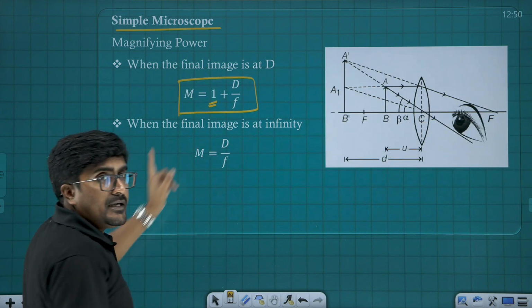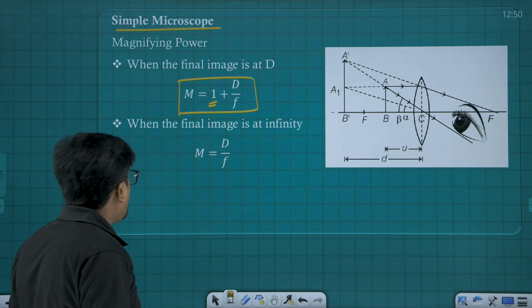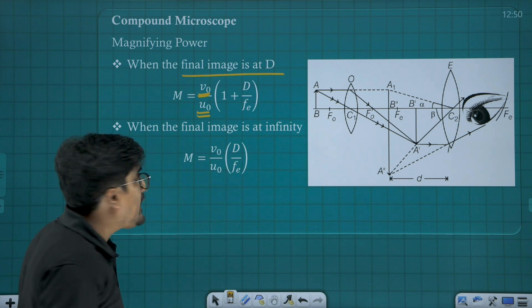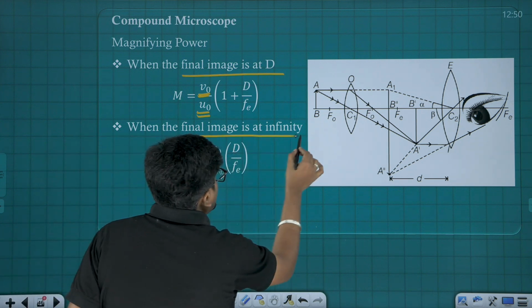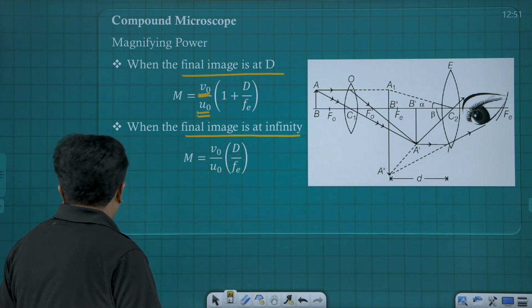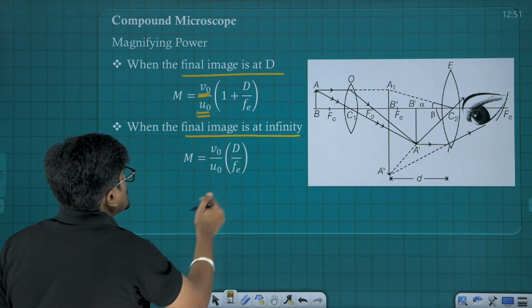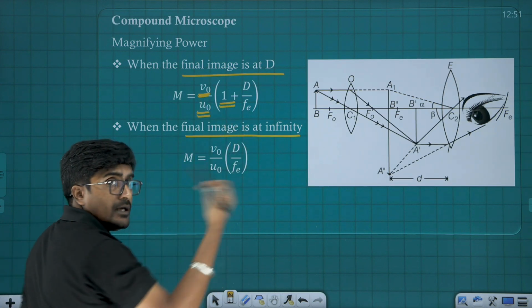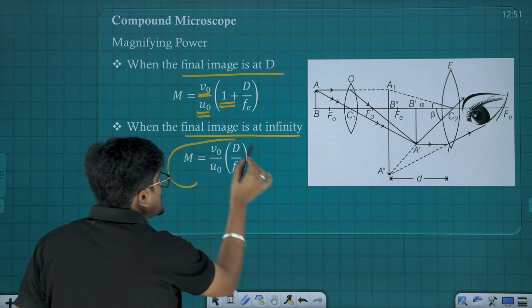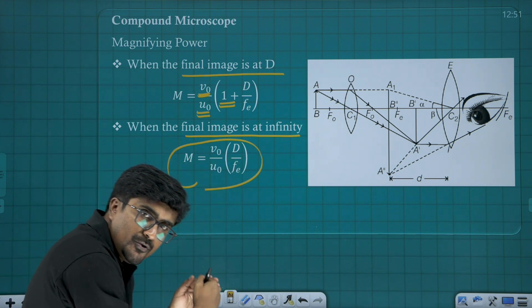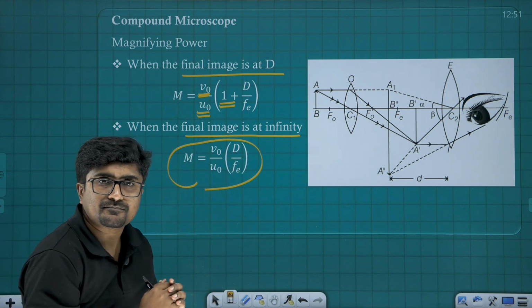Here it was D upon f, here it is D upon fe. And if the image is formed at infinity, that means the 1 part will be removed, and here it is going to be m is equal to vo upon uo into D upon fe.